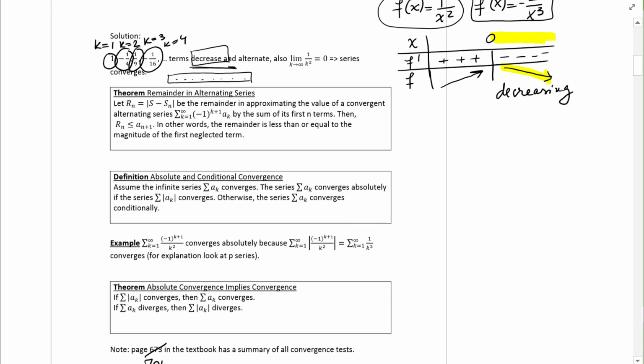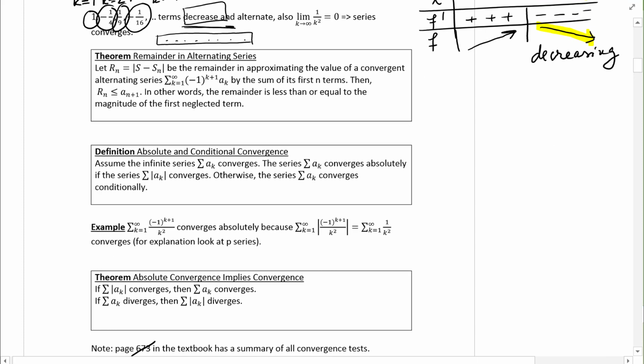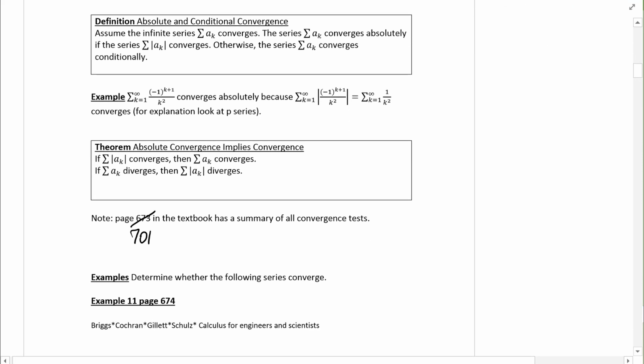Now, we'll skip the remainder in alternating series. Let's take a look at other properties. Absolute and conditional convergence. Keep in mind, assume the infinite series sum of a sub k converges. The series sum of a sub k converges absolutely if the series sum of a sub k in absolute value converges.